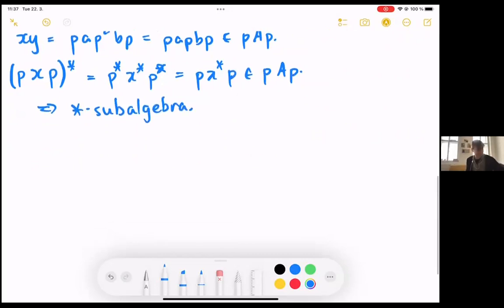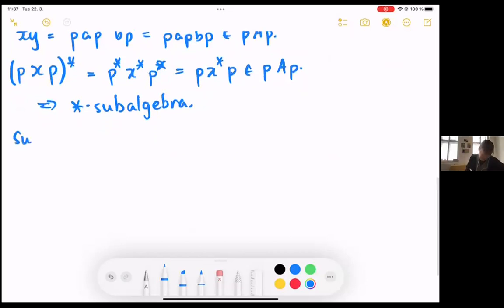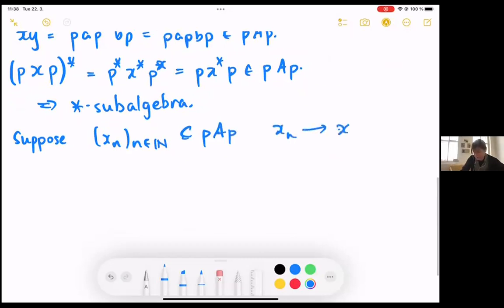So we need to check that it's closed. Suppose we have some sequence X_n in PAP, and it converges to some X in A. Well, how do we see that this is in PAP?